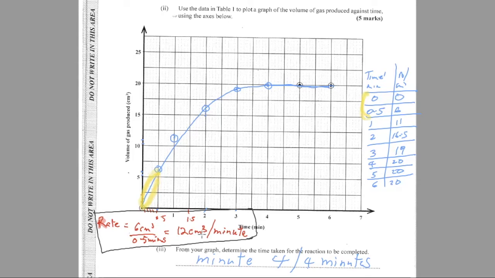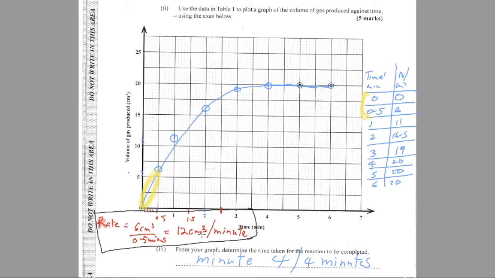All right. So part 6 now, they want us to, from your graph, determine the volume of gas produced at 2.5 minutes. So we need to look for 2.5 on the x-axis of the graph. 2.5 is here.